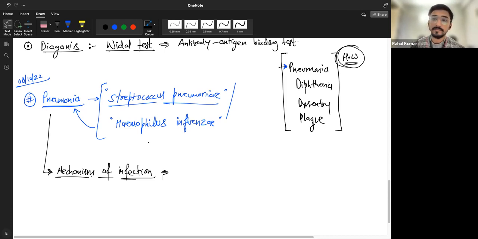For example, in COVID also, lungs were filled with fluid. There was infection in the lungs, so the SpO2 level goes down. You find it difficult to breathe, so you're put on a ventilator. So COVID and pneumonia, are they the same thing? No, right? Symptoms can be shared by many diseases.